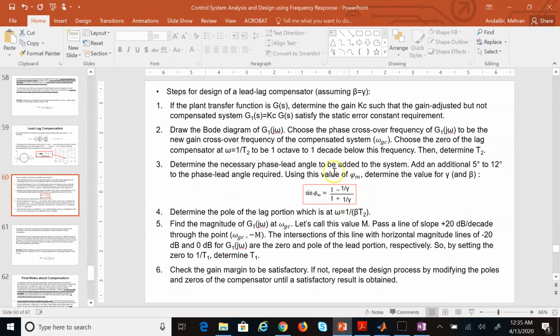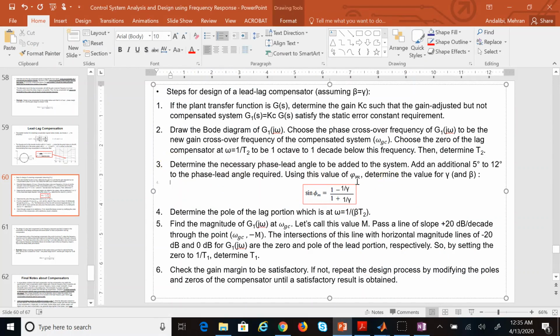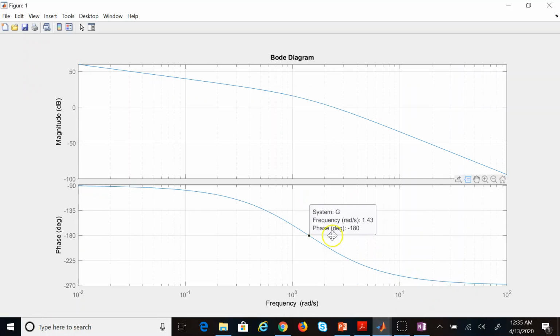Now, this is the portion that you borrow from the lead design. It says the maximum lead contribution angle, phase angle, is phi m. And for phi m, you choose whatever phase margin the system needs, plus 5 to 12 degrees. By the way, pay attention: if you look at the gain modified system only, the system that only has gain modification, no zero or poles added, is the system alone stable or not?